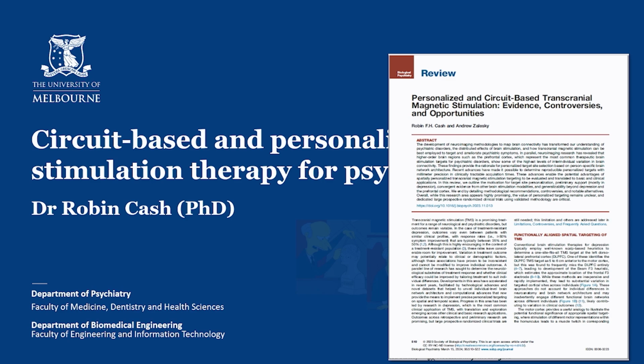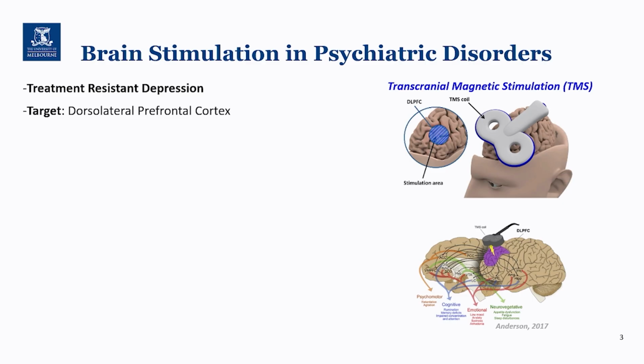Now, brain stimulation in psychiatric disorders. We've specifically focused on treatment-resistant depression, and typically TMS is delivered to the dorsolateral prefrontal cortex in depression. We know that is a region that gives high efficacy.